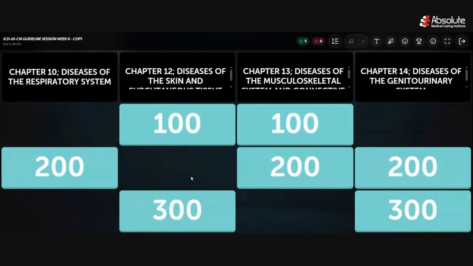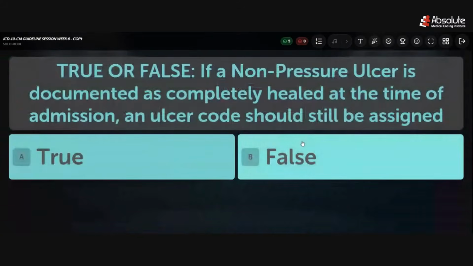Now we are going to go to our chapter 12 for 100. Again, true or false. If a non-pressure ulcer is documented as completely healed at the time of admission, an ulcer code should still be assigned. What are we thinking? Let me know, true or false, coders.